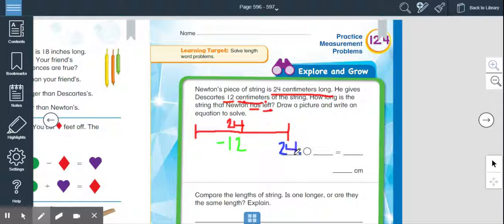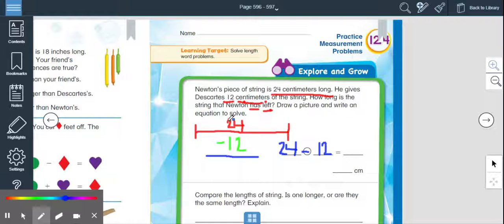24, take away 12. And boys and girls, some of you like to solve up and down. Some of you want to solve it across. Whatever strategy works best for you, you may do that. I'm going to solve this up and down because that's what we do in class. Remember, when we are subtracting, we always start with our ones place.